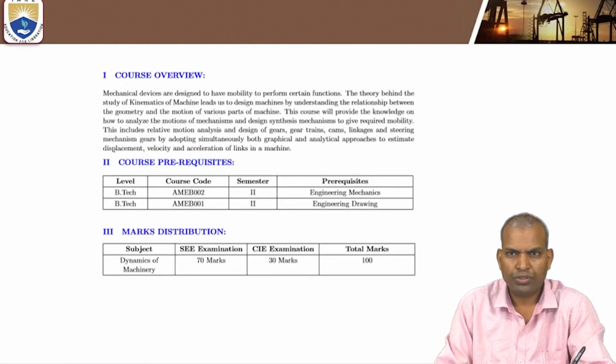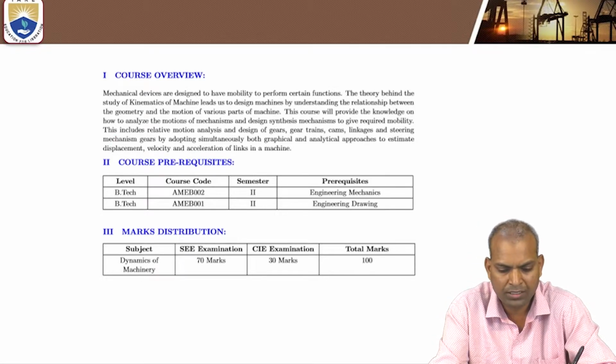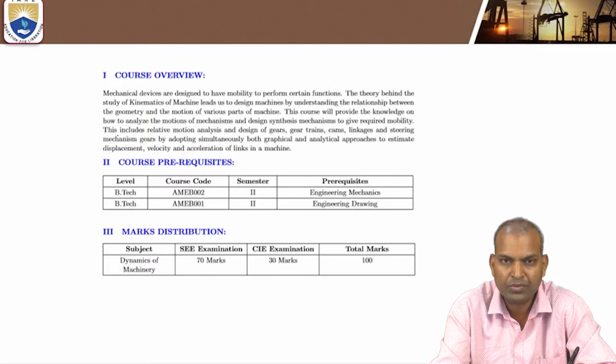Now the course overview. Mechanical devices are designed in order to perform certain functions, like mobility.